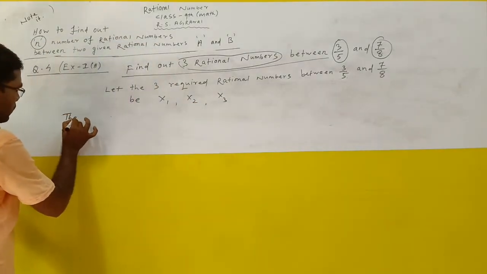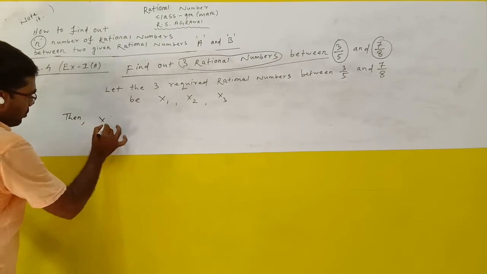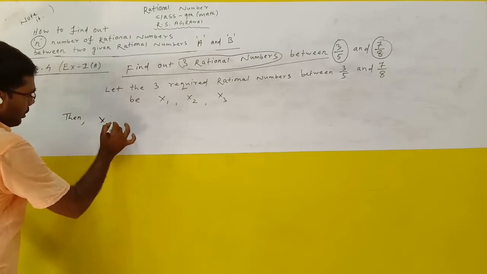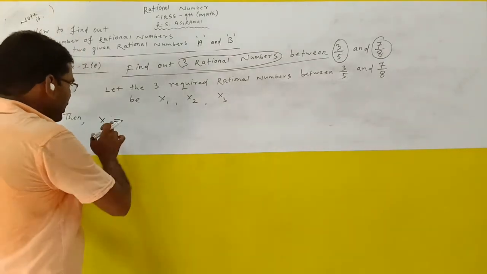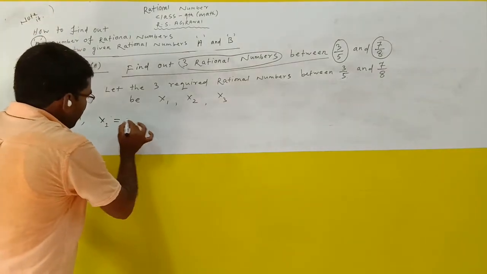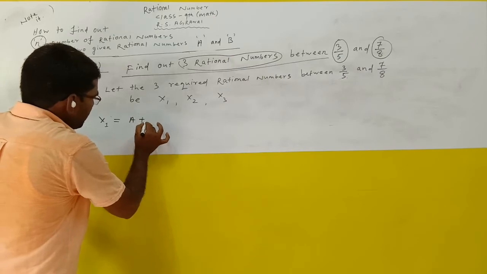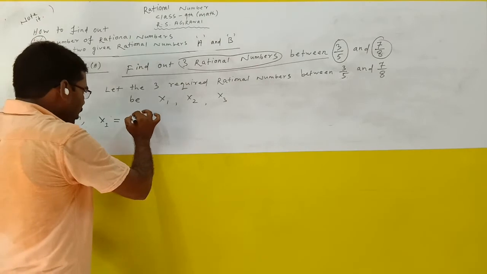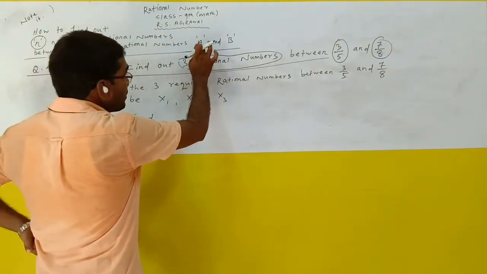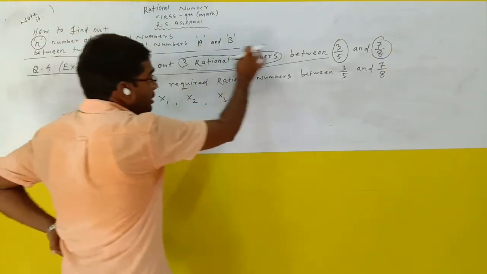Then x1, it means your first required rational number, the formula is A plus D. A is the first given rational number, that is 3 by 5.